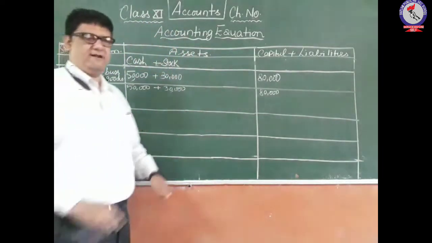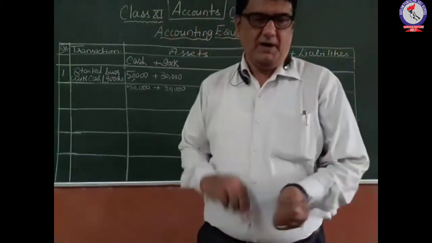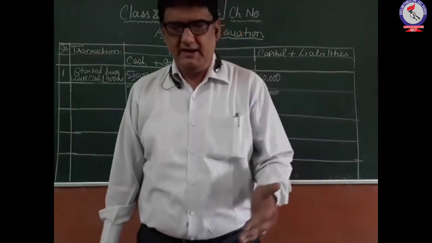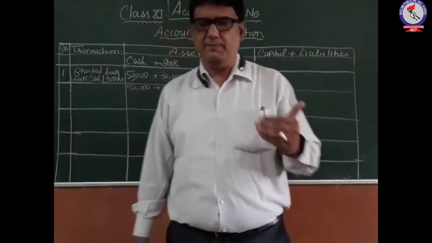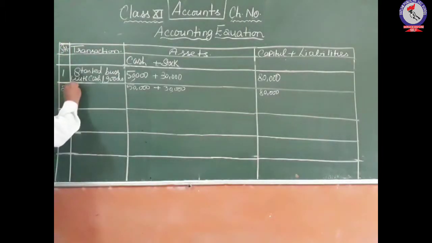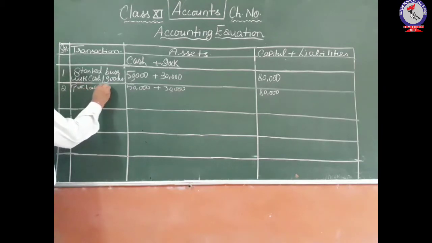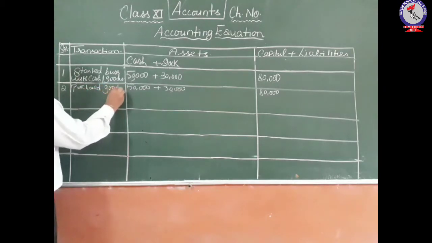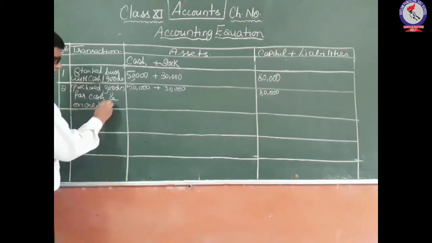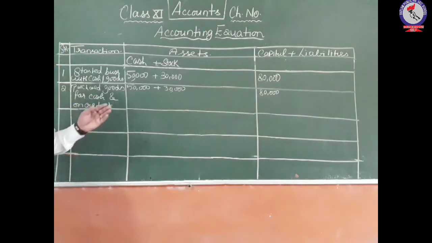Now we move to the second event. The second event says: purchase goods for cash 30,000 and on credit from Karan rupees 20,000. These are the two modes of purchasing goods.